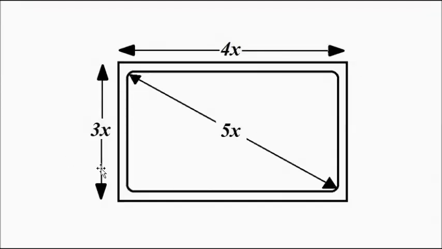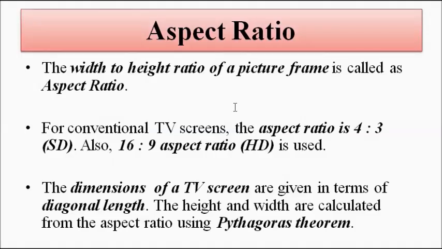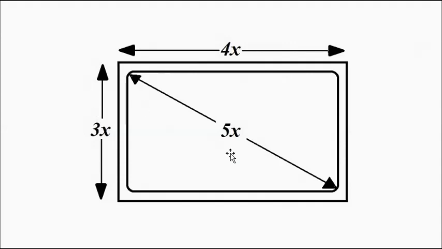The horizontal is 4 times a particular variable, 4x, and the vertical is 3x, so the ratio is 4:3. For high definition, a 16:9 aspect ratio is used. But the dimensions of a TV screen are generally given in terms of the diagonal length, and this can be calculated easily using Pythagoras theorem.